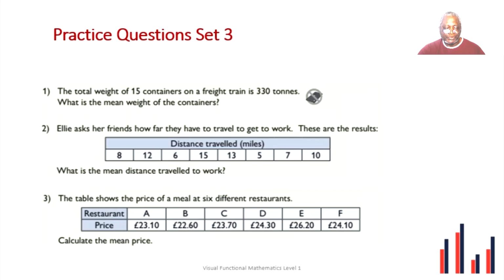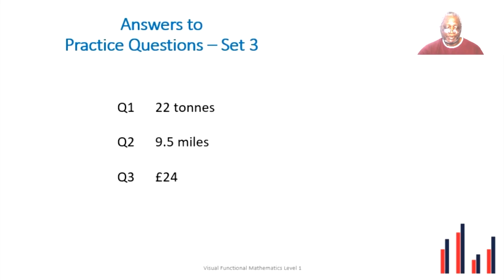And the question is, what is the mean distance traveled to work? Question 3. The table shows the price of a meal at 6 different restaurants. Calculate the mean. And that is your answer.